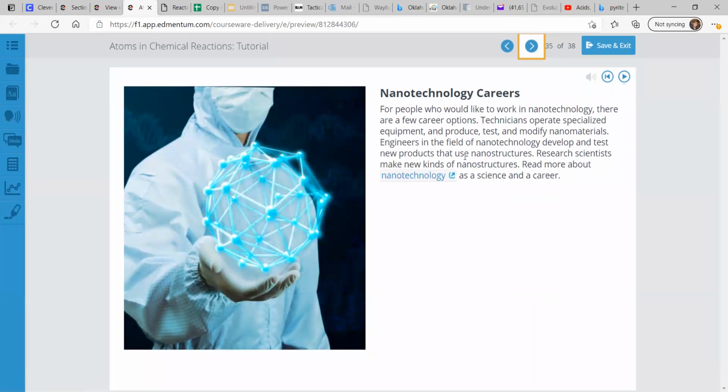If you want to work in this type of industry with nanotechnology, technicians operate specialized equipment and produce, test, and modify nanomaterials. Engineers, of course, in the field of nanotechnology, develop and test new products that use nanostructures. Research scientists make new kinds of nanostructures.